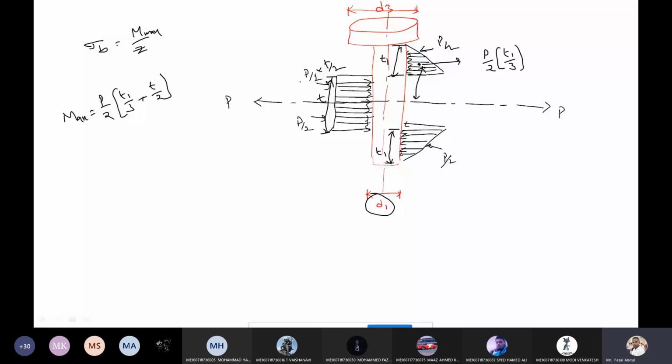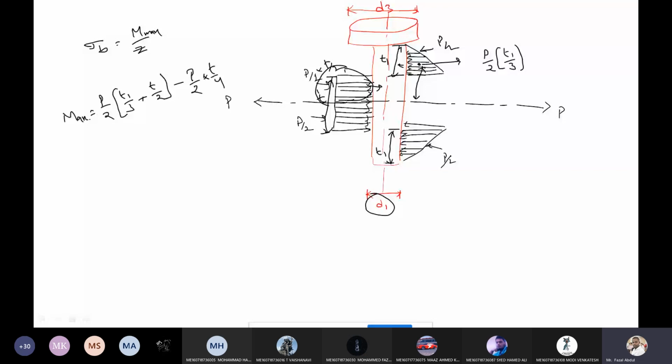Now from this we subtract this intensity, because it is acting in the reverse manner, both are acting in a reverse manner. So we subtract P by 2 into T by 4. This is the maximum bending moment.